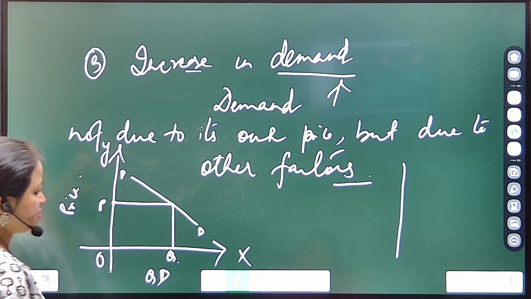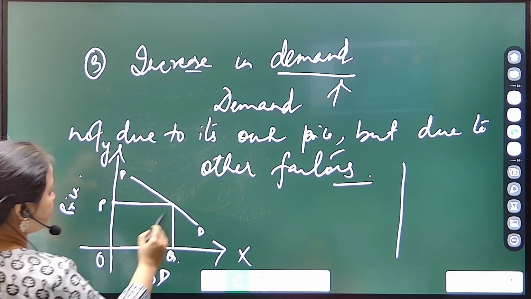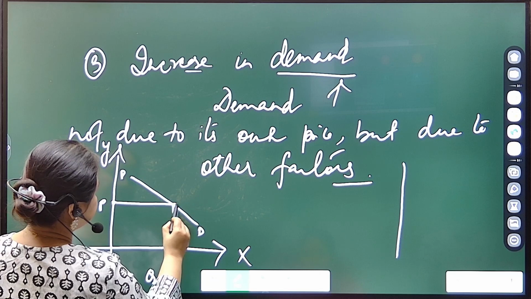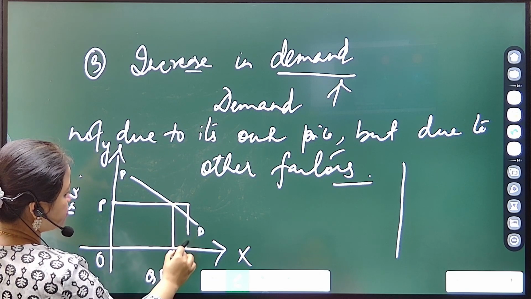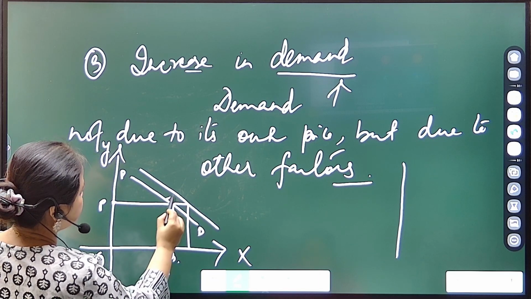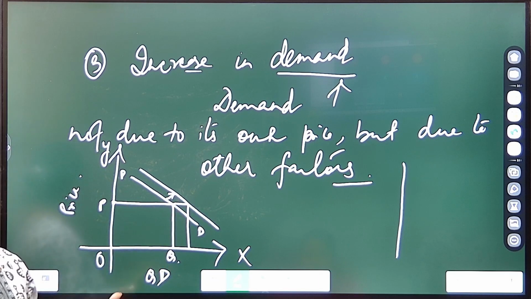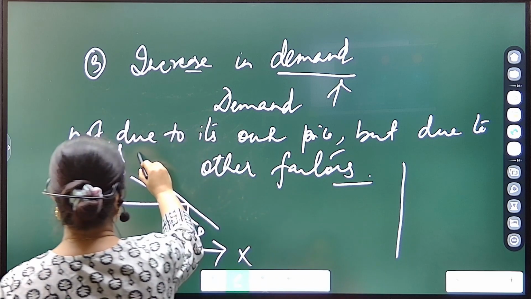At this point, demand curve is DD. So when the price is constant, but due to other factors, demand will increase, here demand curve will shift towards, where does it shift? Yes, this is right. This is my right hand, right? It is shifted towards right. This is D1.